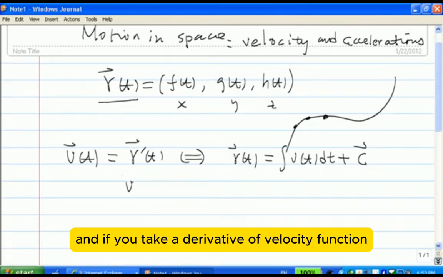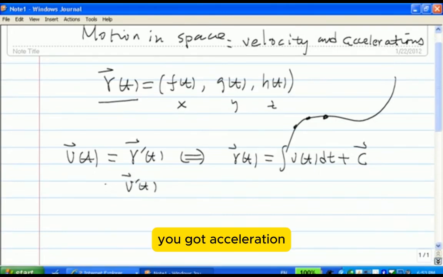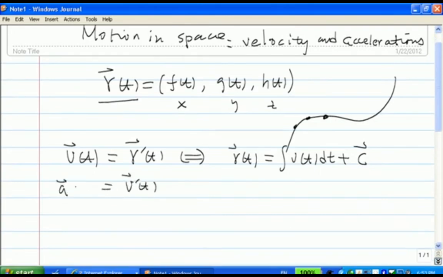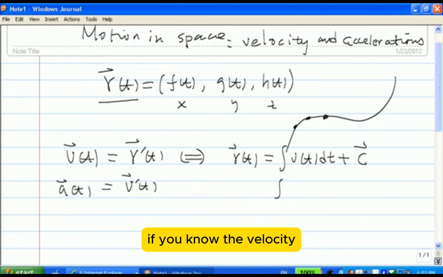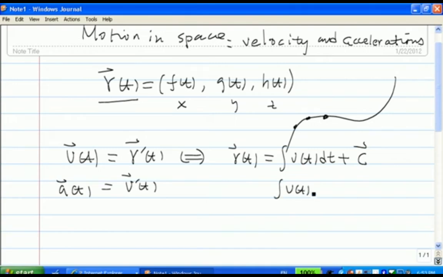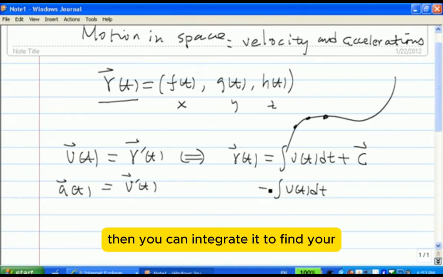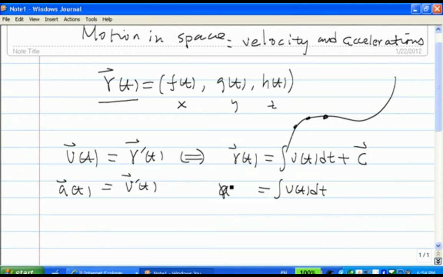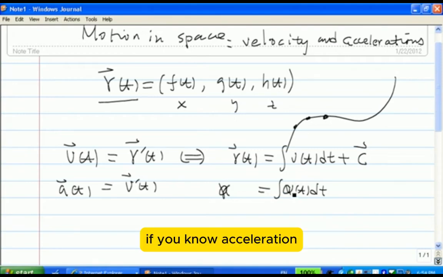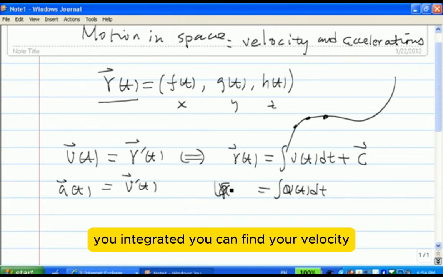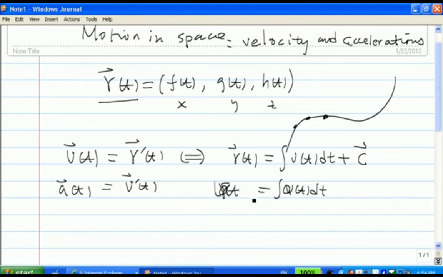And if you take a derivative of a velocity function, you get acceleration. If you know acceleration, you integrate it and you can find your velocity. Let me put it this way.